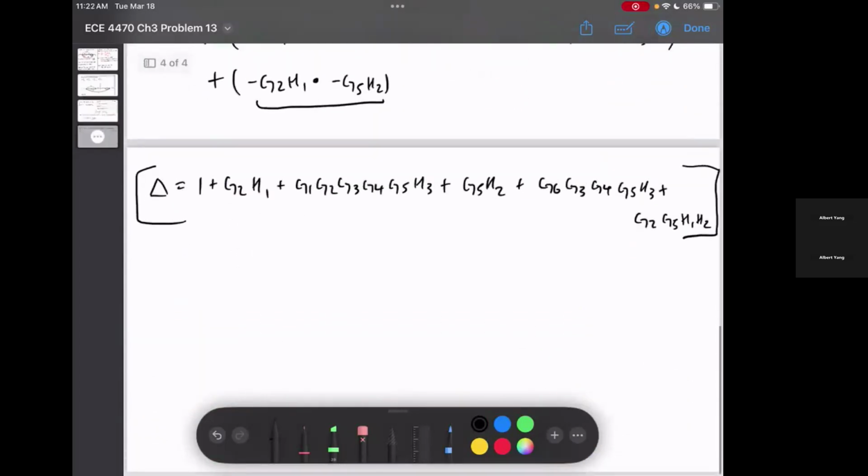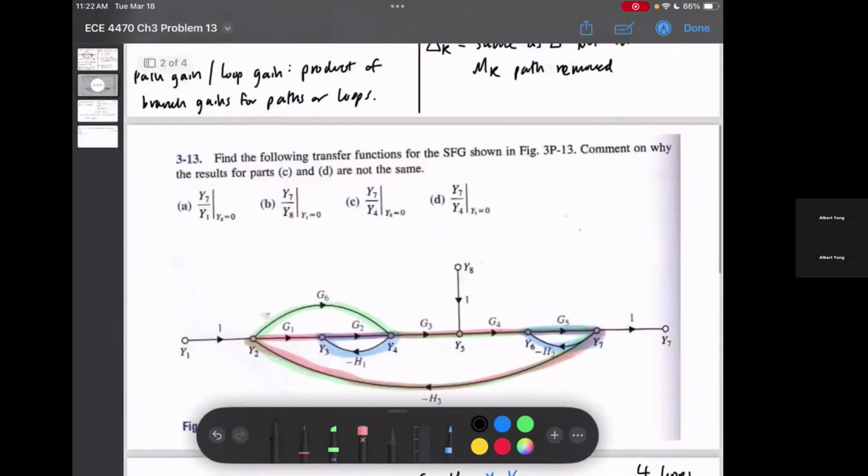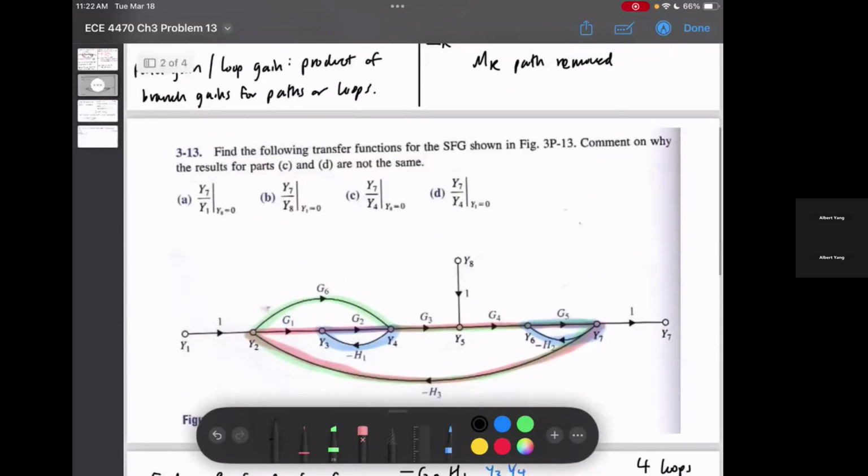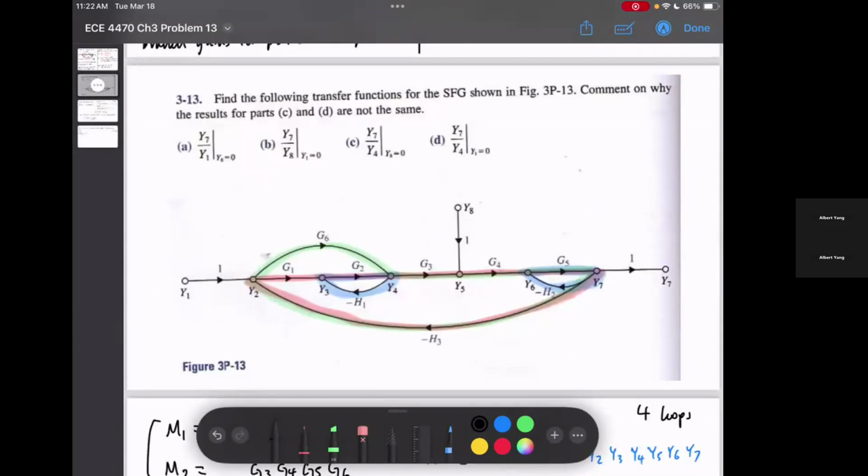So let's do A. Now the reason why they have this annotation here with y8 equal to 0 is because we actually have two possible input nodes, the y8 and the y1, and you can't have both at the same time, or they don't want you to. So that's why they tell you that y8 is 0 for the first one. So then y1 would be our input, and we would pretend that y8 is 0.